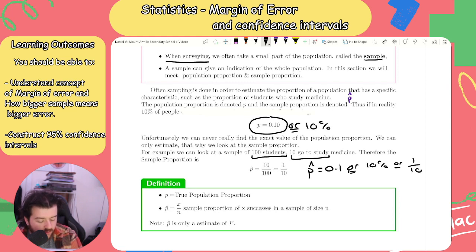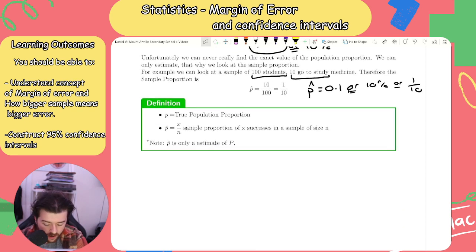My sample proportion is just the fractional percentage of my sample with this characteristic, and the population proportion is the fraction, percentage or decimal of the actual population who have this characteristic.